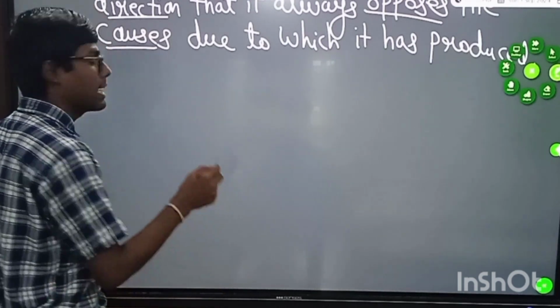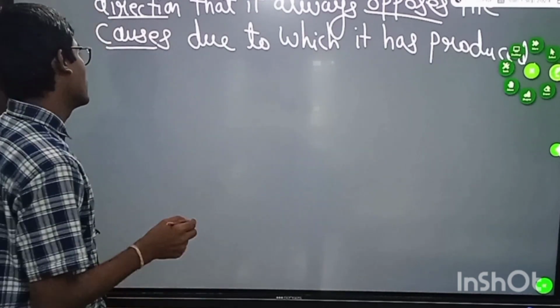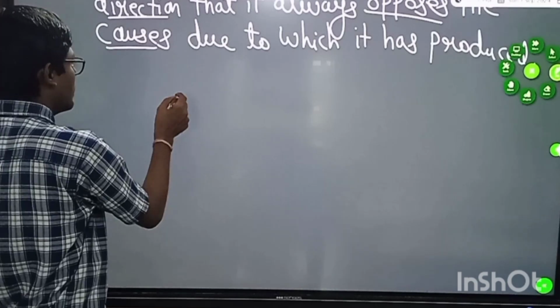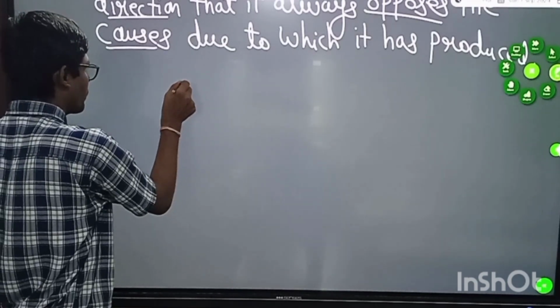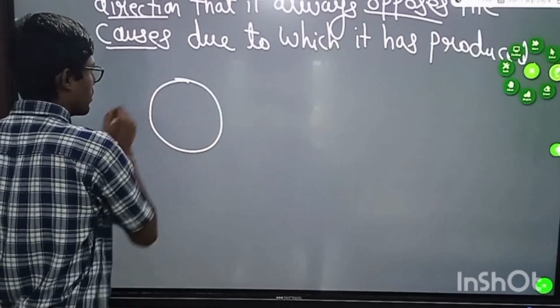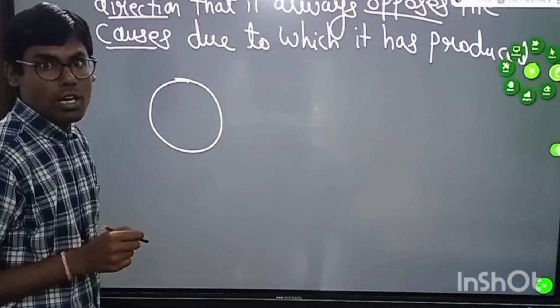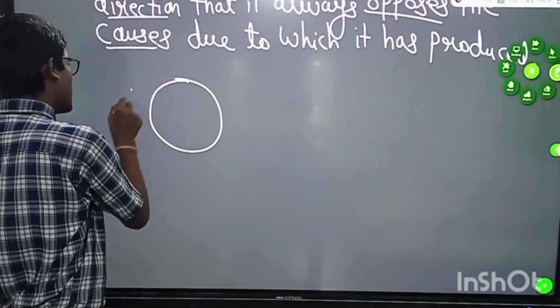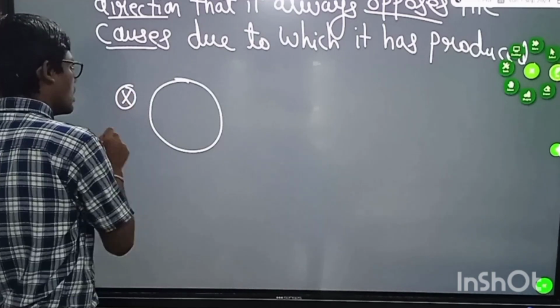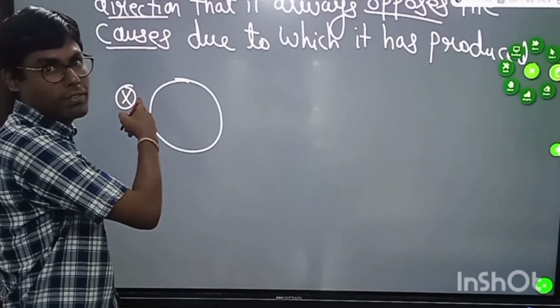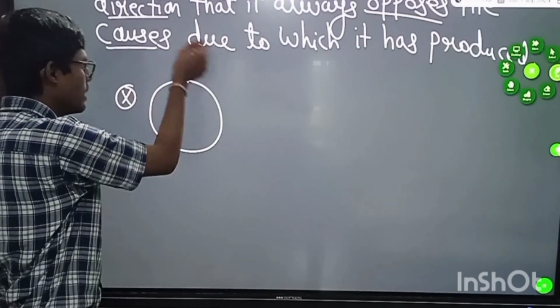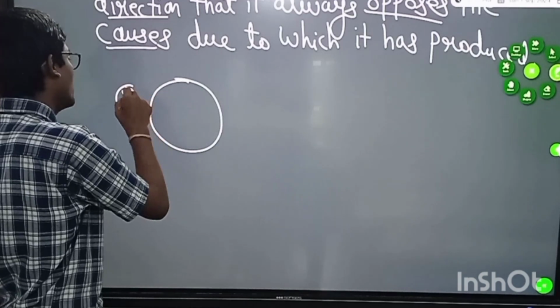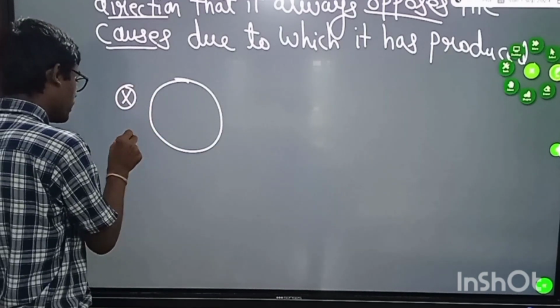Suppose, let us take one more example. Let us take one conducting coil. Okay, when this conducting coil is placed in a magnetic field, the magnetic field is perpendicular to the plane of the board and it is inward.